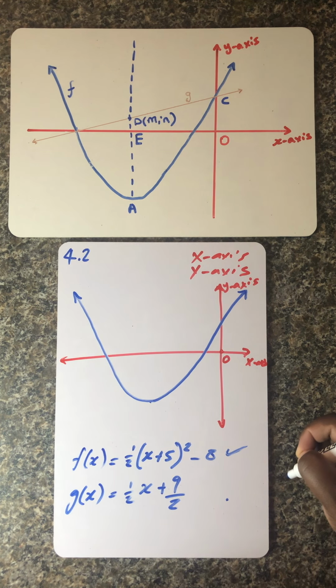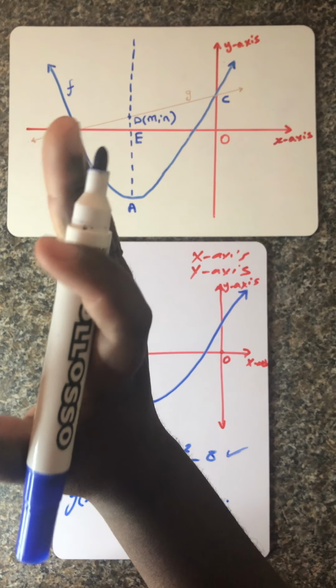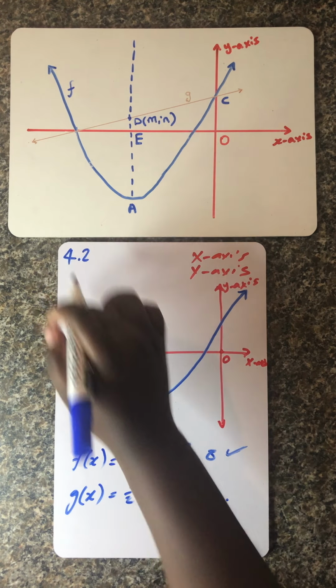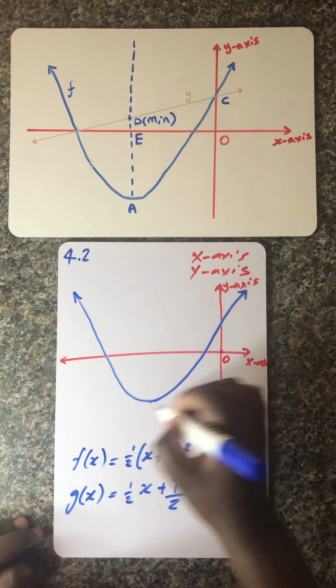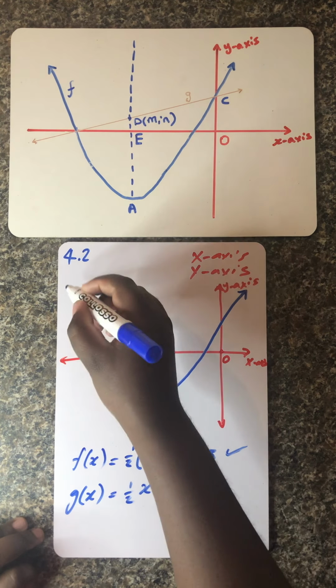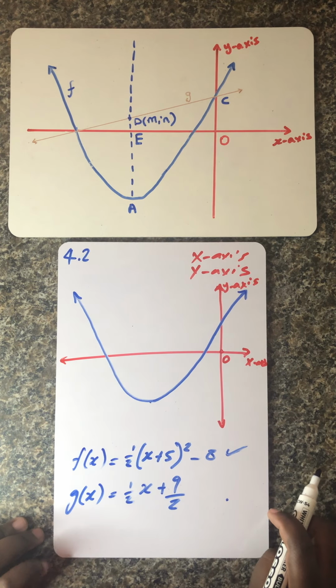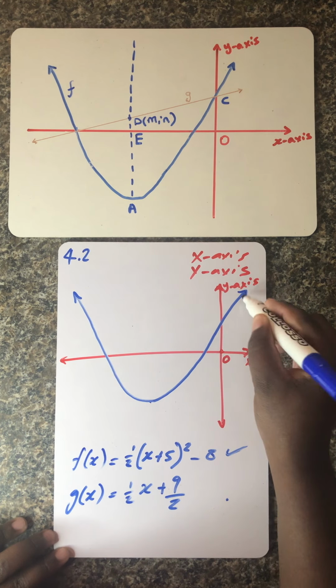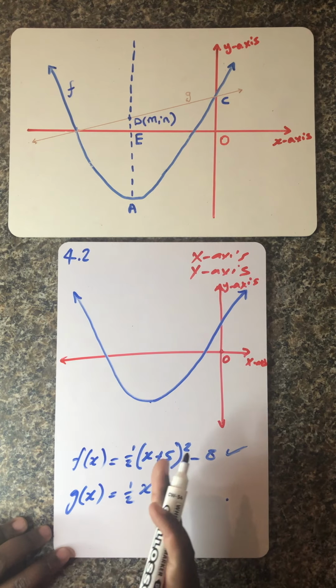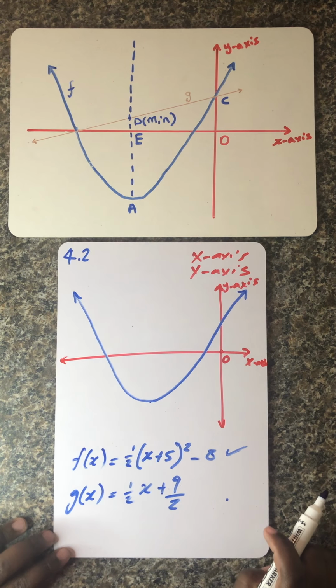The axis of symmetry is a line that cuts a parabola into two equal pieces. It cuts it right in the middle of the graph. Obviously, at the turning point of a parabola, that's where you have the axis of symmetry.